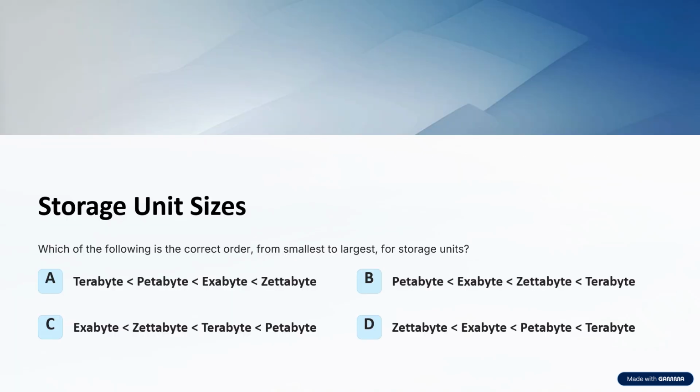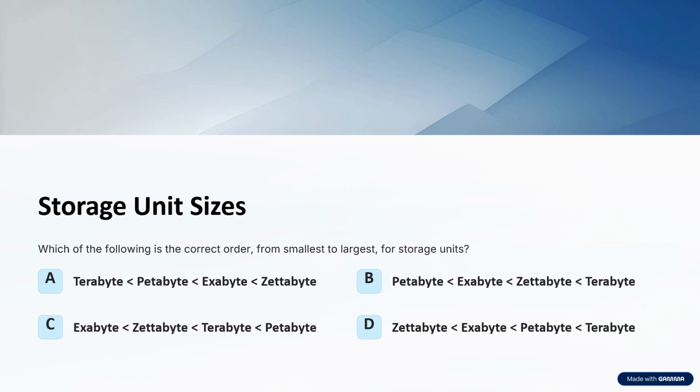So here, this is a question related to storage unit sizes. The question is: which of the following is the correct order from the smallest to the largest for the storage unit? The options are: option A, terabyte, petabyte, exabyte, and zettabyte.